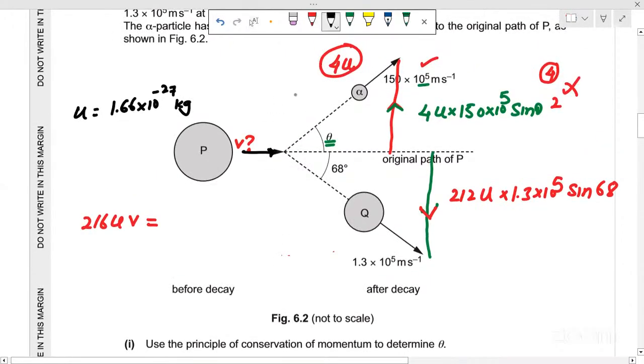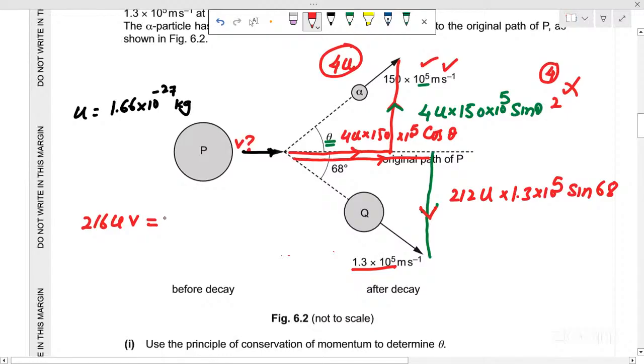And momentum of alpha particle along x-axis would be 4u, this is mass, times its velocity, which is 150 times 10 power 5. This is momentum, and its component would be cos of theta. And momentum of the lower particle Q along x-axis would be mass of Q times velocity of Q times cos of 68.